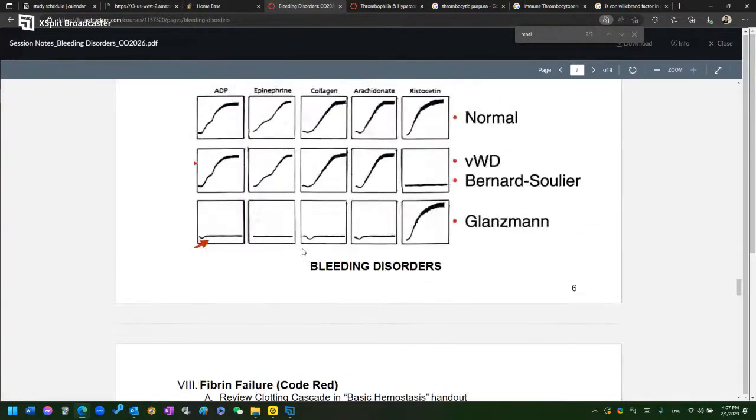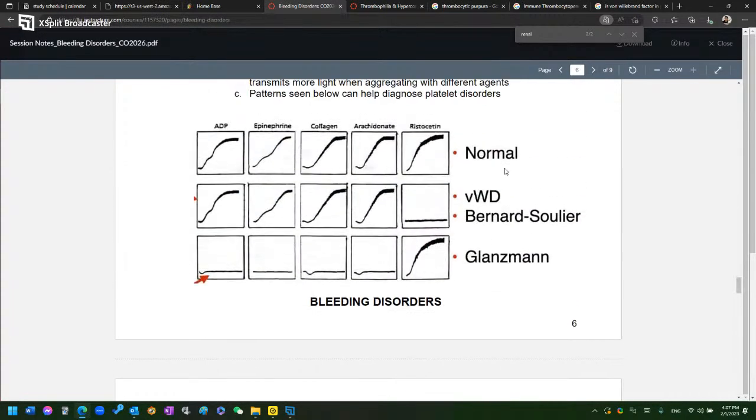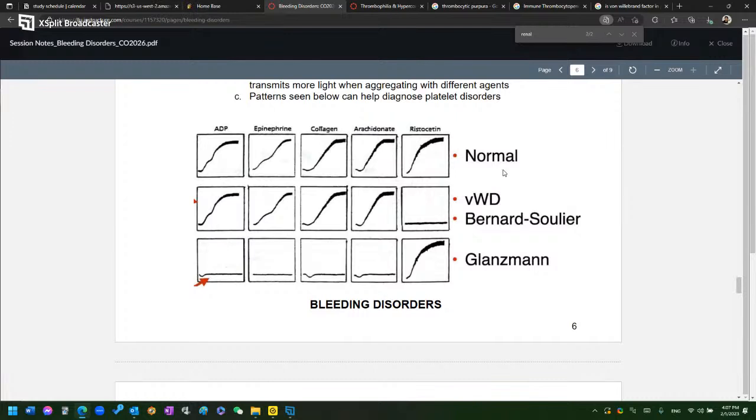Alright, let's take a look at this right here. So this is pretty important. So we take our plasma and then we add a factor that should start clotting. And normally all of these are pro-clotting. With von Willebrand's, ristocetin does not cause it.